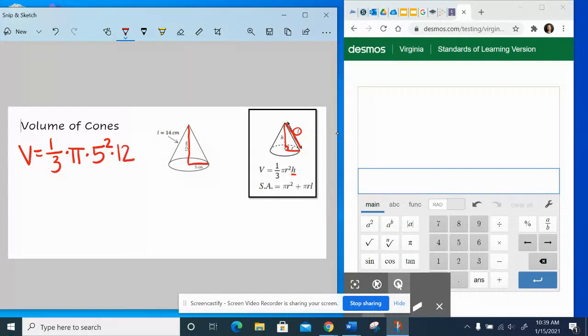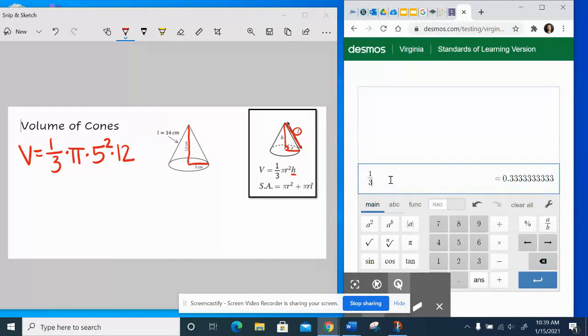So now all we have to do is plug all of this information in over into Desmos. So I'm going to go ahead and do that. So we have 1/3, so I'm going to use our fraction bar, and I'm going to write 1/3.